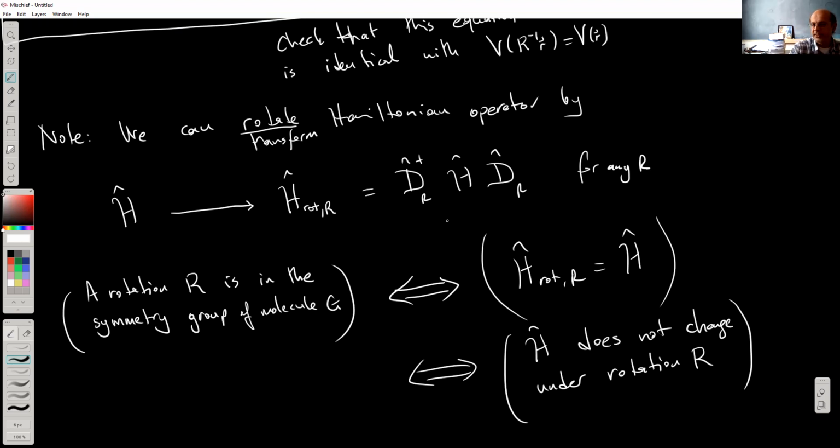Usually, if the transformation is not a symmetry of the system, the Hamiltonian will change. So if you rotate the Hamiltonian, it will change because the potential energy will change under rotation. But for some rotations, it won't. The Hamiltonian will remain the same, in which case we say that those rotations are symmetry operations, and they belong to the symmetry group, okay?